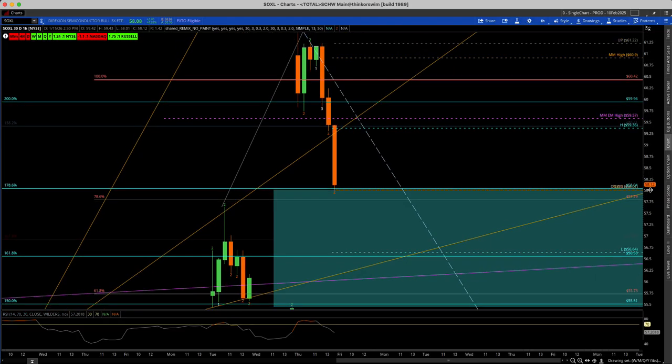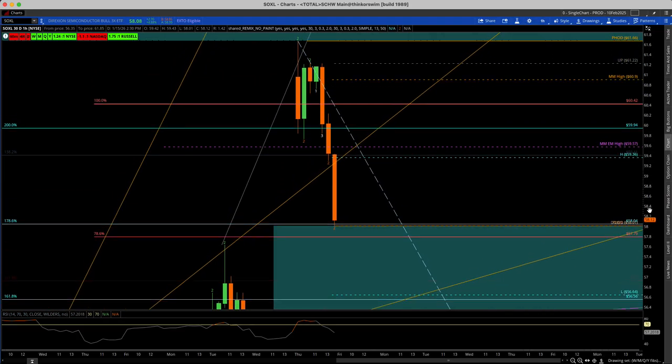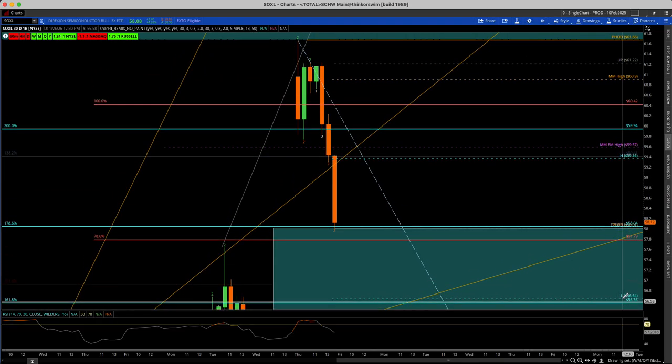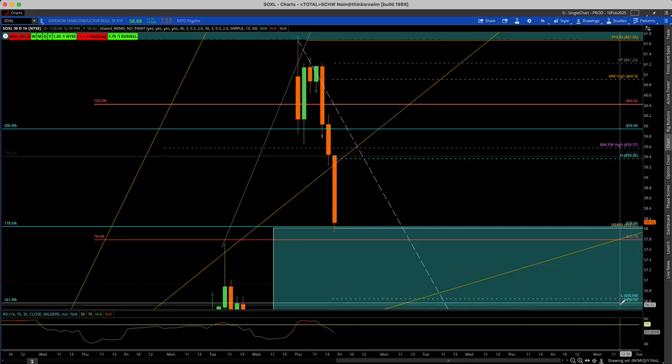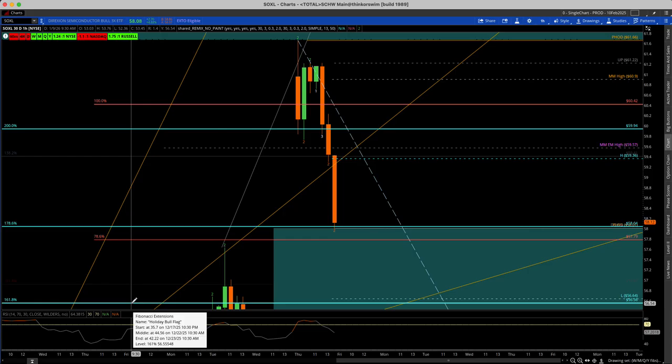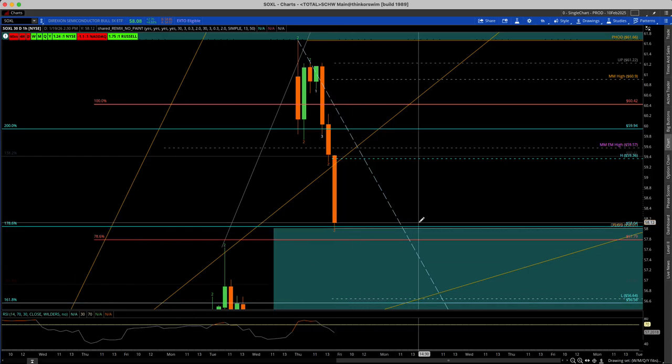And then actually, I'm gonna make this a little smaller. And then we've got an imaginary overnight low of 56.64, essentially the 161.8 fib of that holiday bull flag, right?